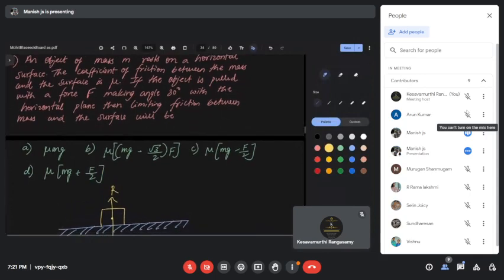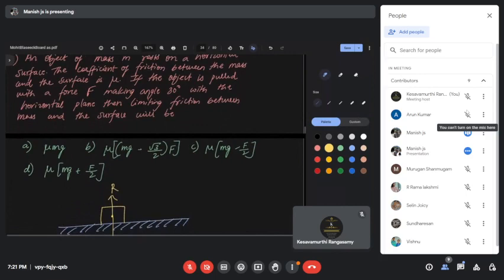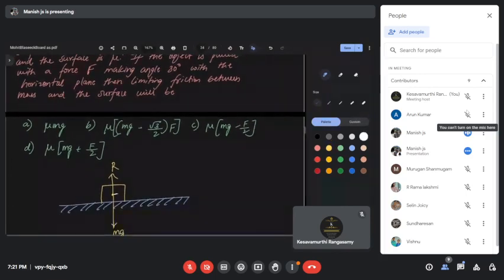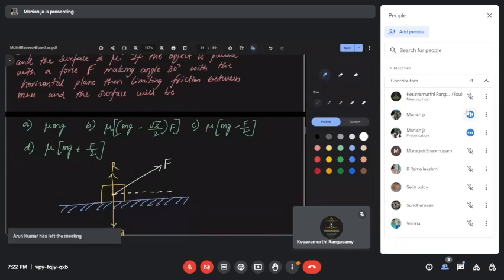Force F making an angle 30 with the horizontal. Now, what do you mean by this statement? So, an object is pulled with a force F making an angle 30. 30 where? With the horizontal. So you have a force that is angular here. This is force F. Horizontal is this dotted line that I have drawn.